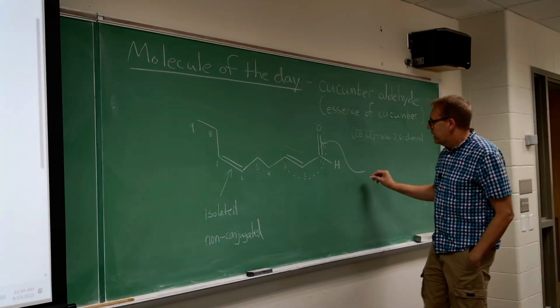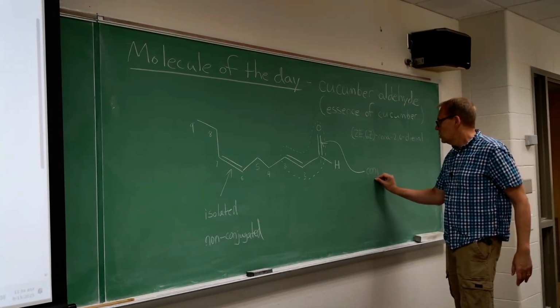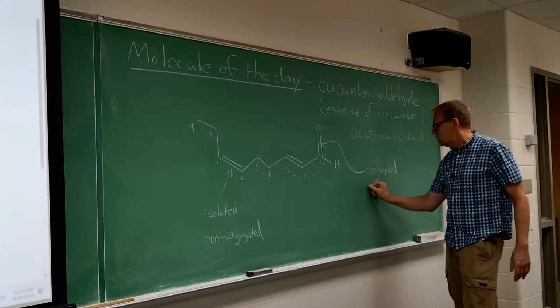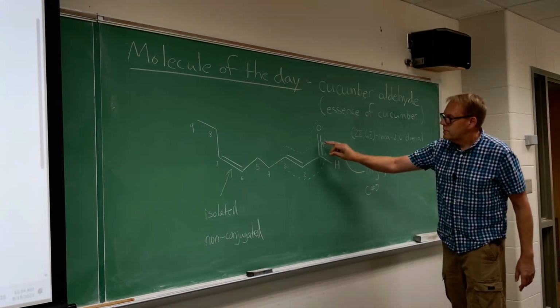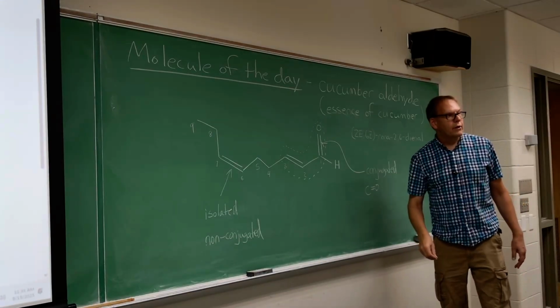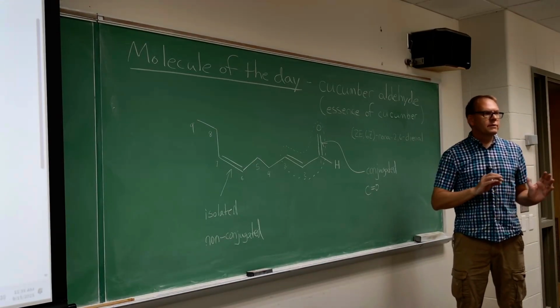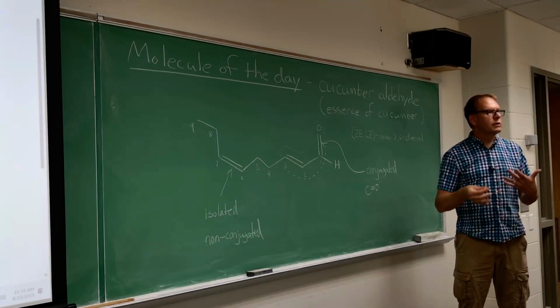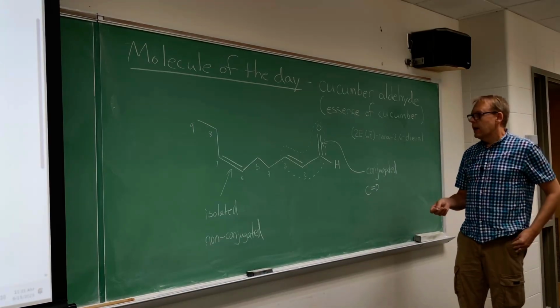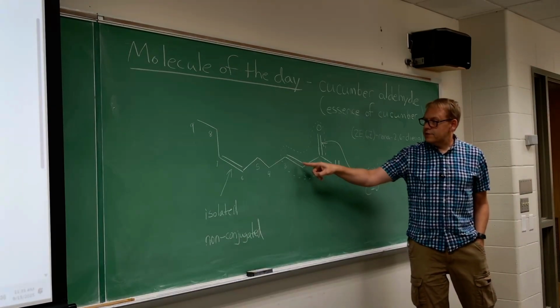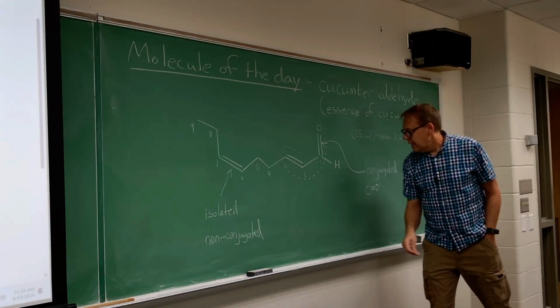But this is a conjugated C double bond O. Because of this double bond, single bond, double bond pattern, that results in a lowering of its frequency. And we talked about this quite a bit when we were looking at IR spectra, and we'll see it over and over again, that when you have a carbonyl in this type of context where it's next to a double bond separated by a single bond, it gets lowered.